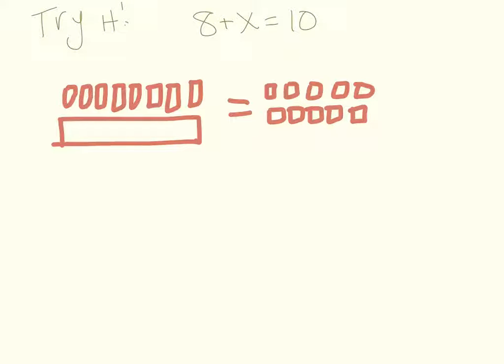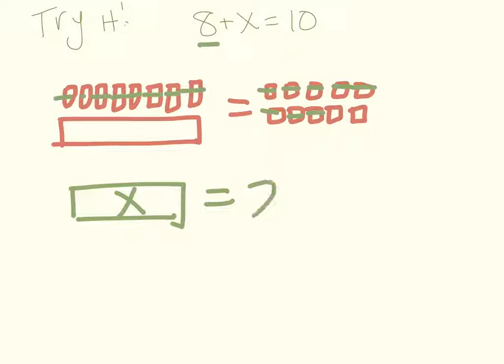In order to have my variable by itself, I need to remove all of the tiles from the left side of the equation, which is 8, and match that on the other side, removing 8 there too. That leaves me with x equals 2. And that does work when I plug it back into my equation.